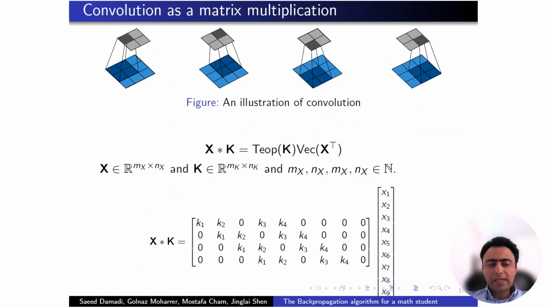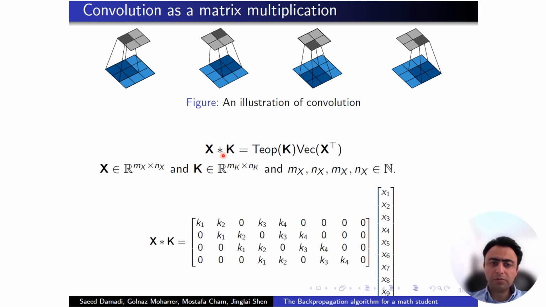Now one may ask how we can apply this method to a convolutional neural network. To see that, just consider this image with a filter. The output of the filter is going to be an image with 4 pixels. That's why we have 4 rows here.